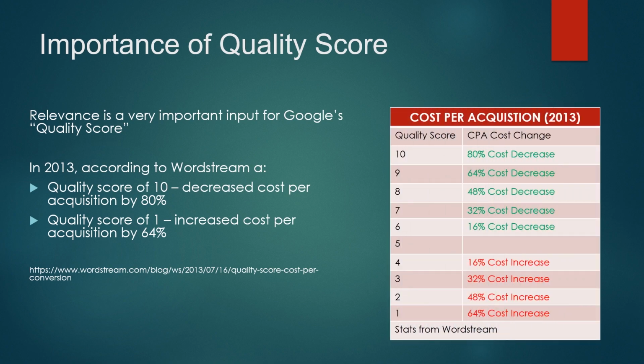And you can see from 2013 the various stats for cost per acquisition, ranging from the 1 with a 64% cost increase all the way up to a 10 where you have an 80% cost decrease. The key message is get your quality score as high as possible to decrease your cost per acquisition.